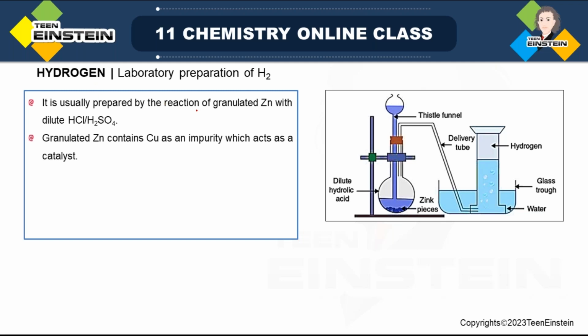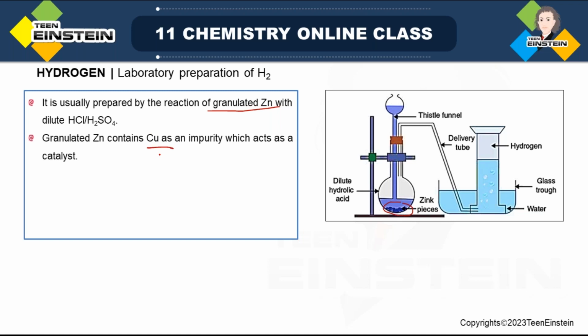It is usually prepared by the reaction of granulated zinc. Granulated zinc is very important here. We do not take pure zinc. We take zinc in granule form, and it is not very pure. There is some impurity, and this impurity is actually desired, because the impurity copper acts as a catalyst.